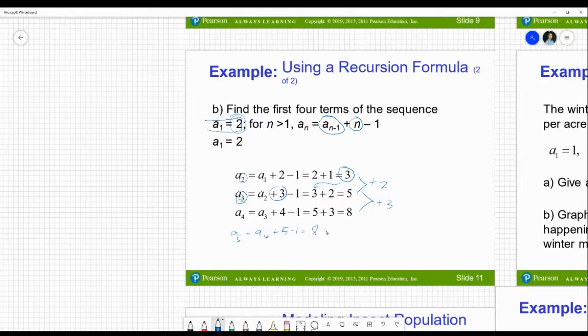A4 here is 8, plus 4 equals 12. So that's the pattern here. A lot of times you may need to go to 3 or 4 terms to identify what the pattern is, so don't always jump straight to it when you only have 2 values so far.